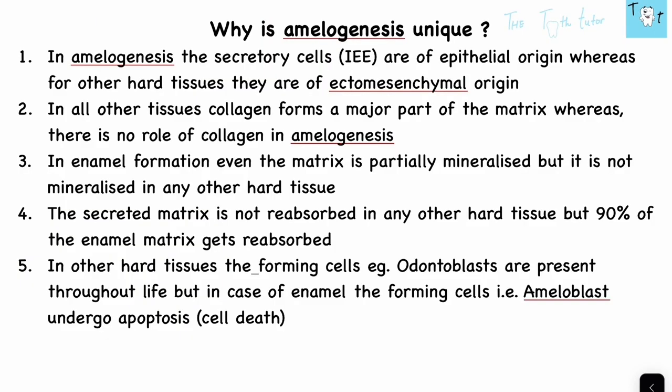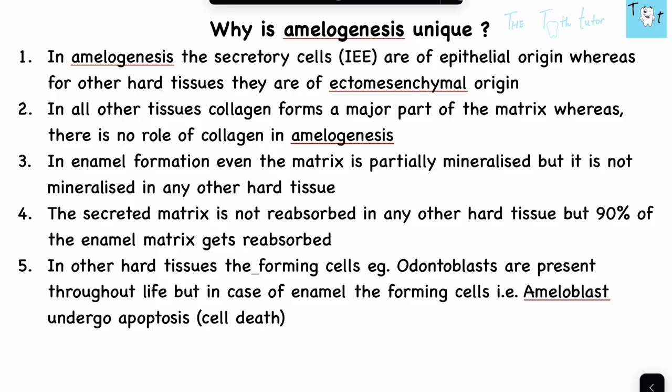Because amelogenesis is not similar to any other hard tissue we have. So there are several differences in amelogenesis and other tissue formation like dentinogenesis, and we'll study that. So in amelogenesis, the secretory cells, the inner enamel epithelium or the ameloblast, are of epithelial origin, whereas other hard tissues are of ectomesenchymal origin.